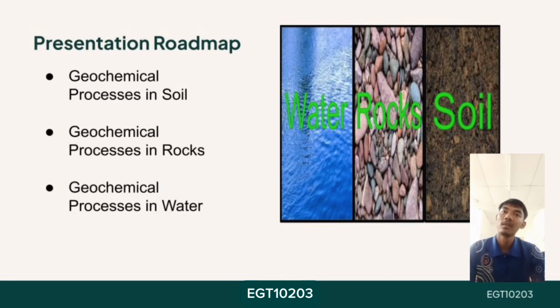After that, we'll cover water systems, including rivers, groundwater, and how chemistry changes in aquatic environments. We will wrap up with visuals, key takeaways, and how all these systems are connected.